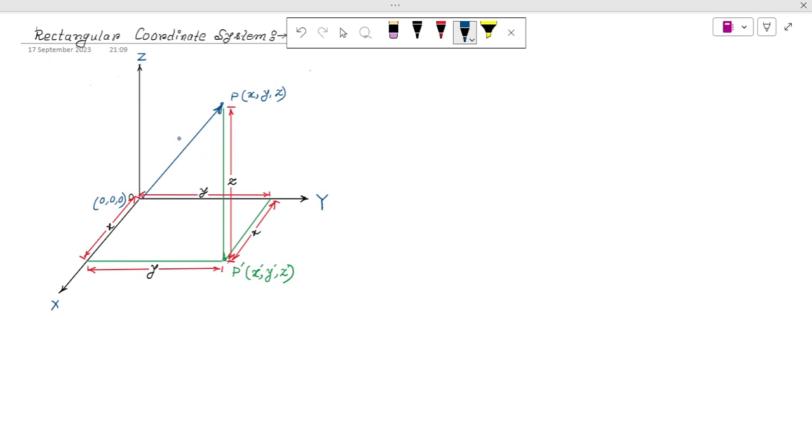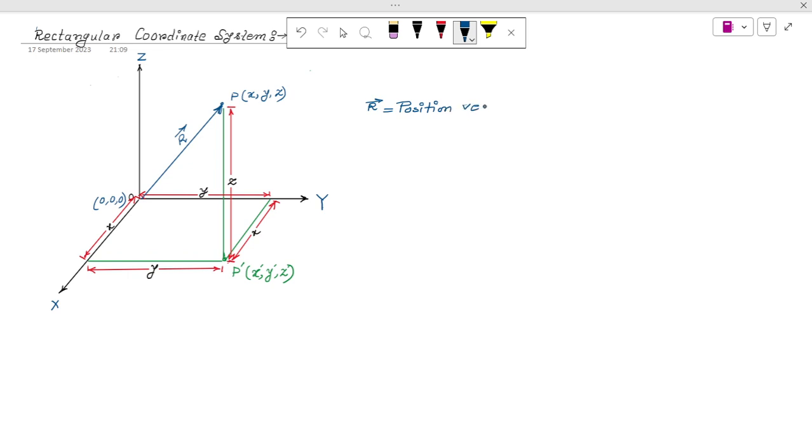This vector is called R vector or resultant vector, and R vector is also called the position vector. Remember, it is a position vector.